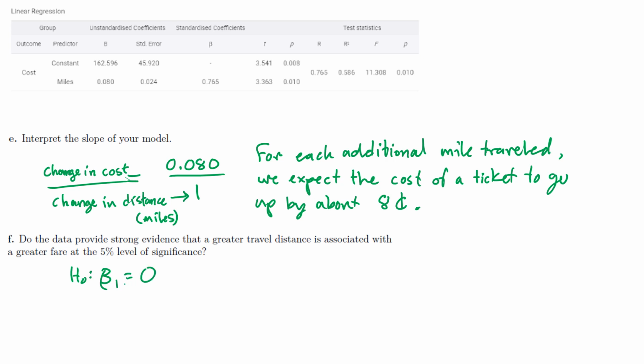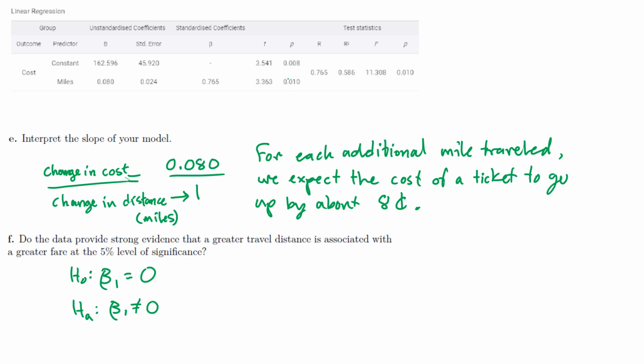So we're assuming that there's no relationship, so the slope of the line going through the entire population of distance versus cost of a ticket should just be 0. It should be a flat line. For the alternative hypothesis, we could say it's greater, because we want a positive slope, but we'll just keep it general and say not equal to, because the output is always assuming not equal to.